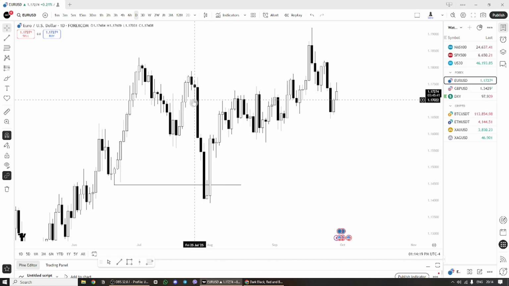Because these are imbalanced areas. There are inefficiencies. So here we have to bring buy side liquidity in order to fill this sell side imbalance.